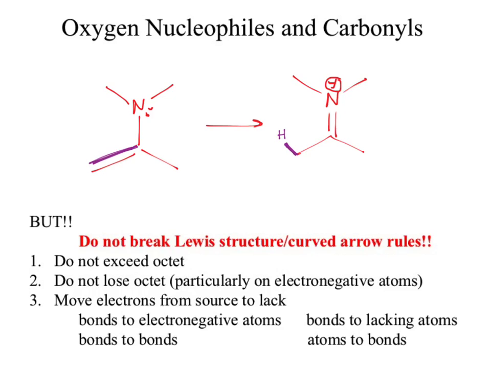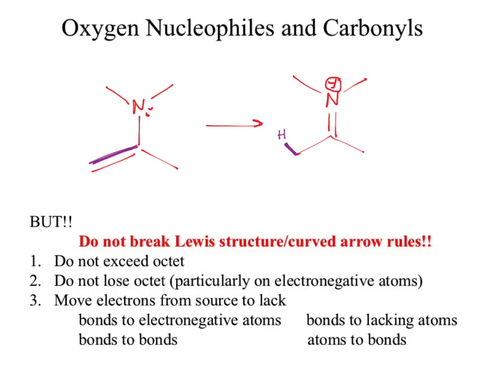Where did the purple pi bond go? To a hydrogen. What's the difference between these two structures? When we fix the carbon, this had 2 hydrogens. That one has 3. So we have to be a little bit more careful about how we approach looking at these differences.